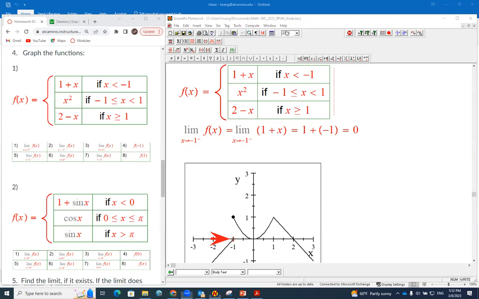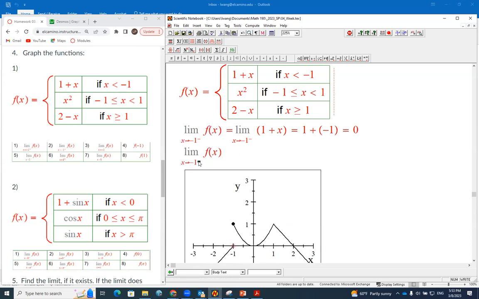And limit from right. That's the second question. Limit from right is going to be a positive sign, and you must make sure you write it down properly.